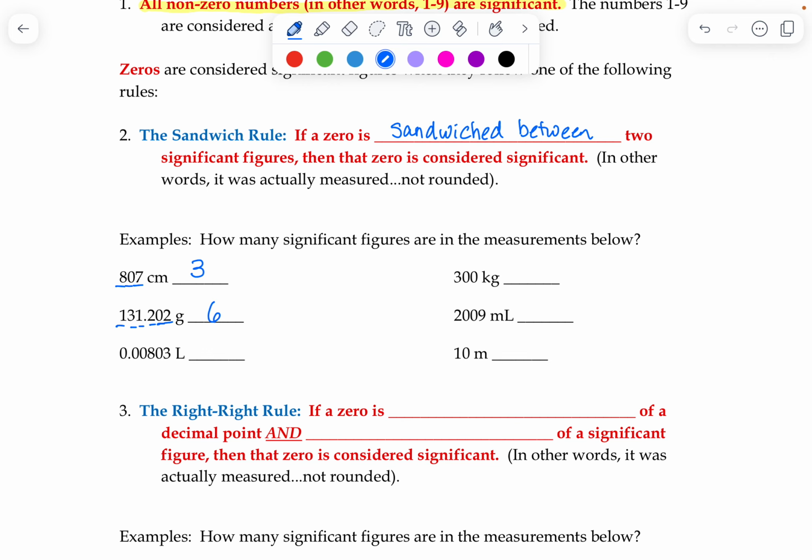The next guy down, this 0 is not in a sandwich because there's nothing to the left of that 0. So that one does not count as a significant figure. It's just a placeholder. In fact, if you dropped this 0 entirely, the number doesn't change at all, right? So it must not really be important and measured.